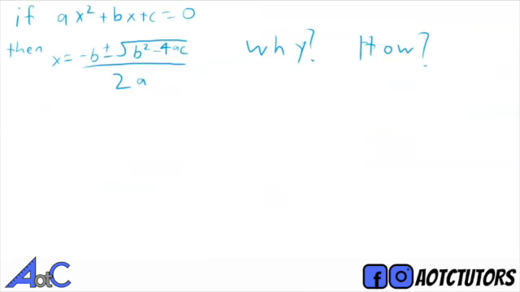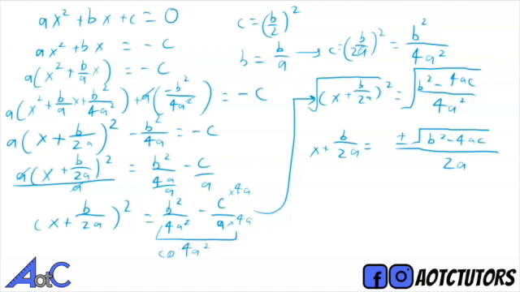We are getting really, really close now, as we can see. All I got to do now is just move this b over 2a term to the other side. And that's going to get me negative b over 2a. And because I have a 2a on this fraction and this fraction, I can just combine the tops and leave the bottoms the same because they do have a common denominator already. And look at that. There is the quadratic formula.